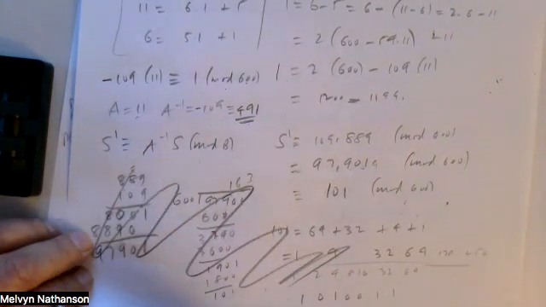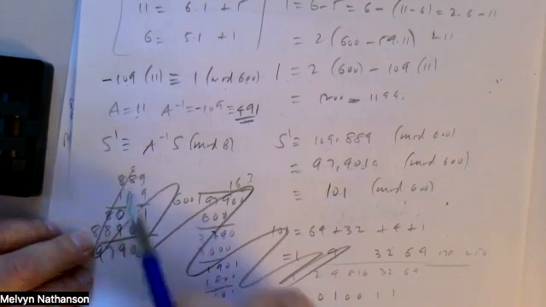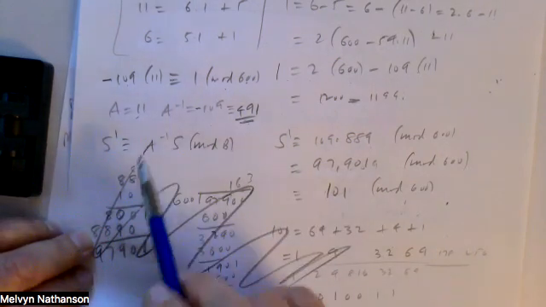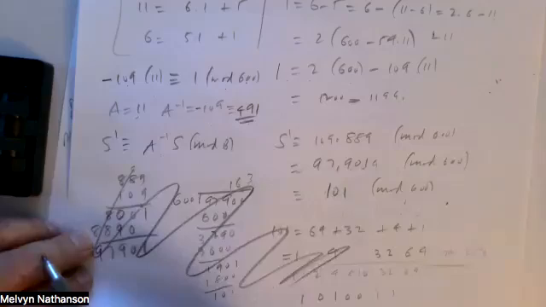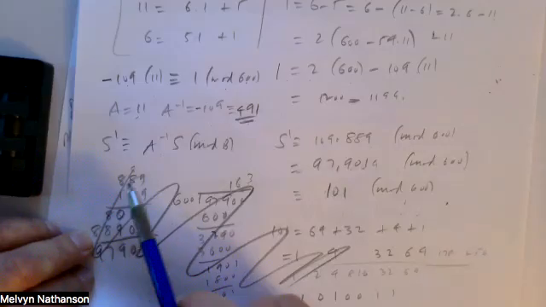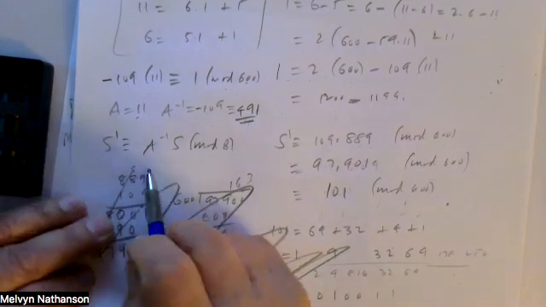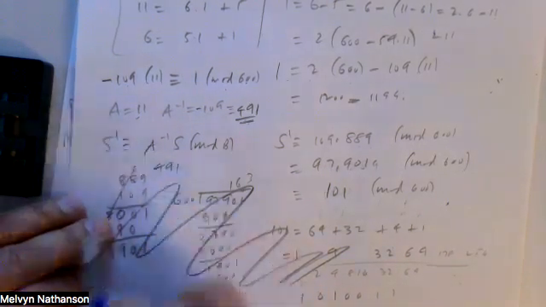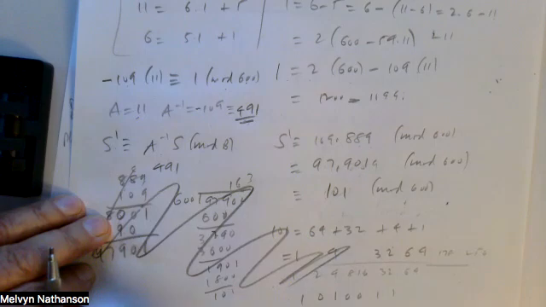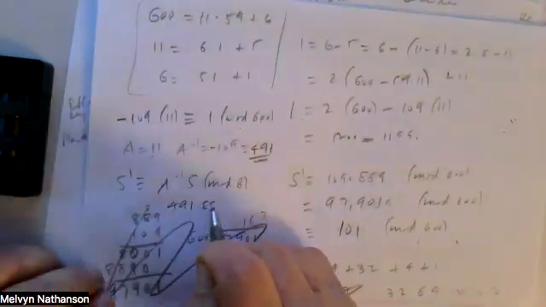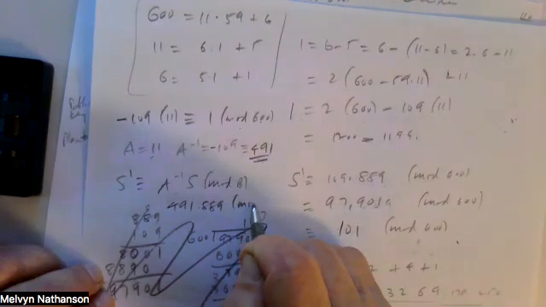$491 mod 600. It's minus 109. So S prime is going to be 491 times my S. What was S? 889. $889 mod 600.